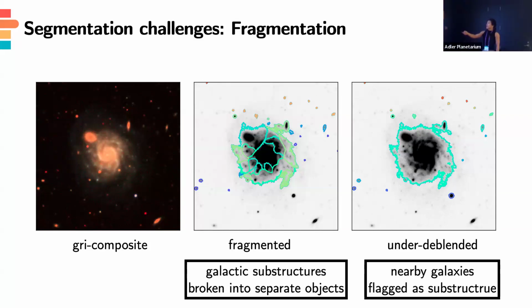And here, not only does the main galaxy eat its companions in a segmentation sense, but even nearby galaxies that are on top of maybe the more extended diffuse regions of this galaxy get consumed by the main galaxy ID. So there's a play between fragmentation and deblending.